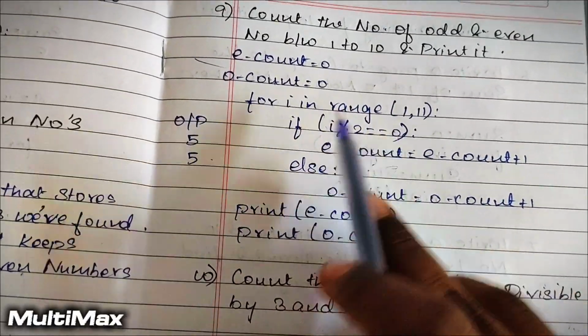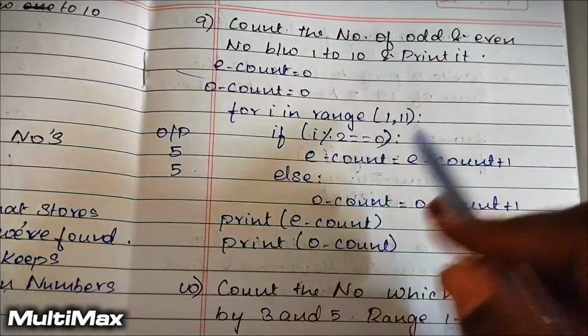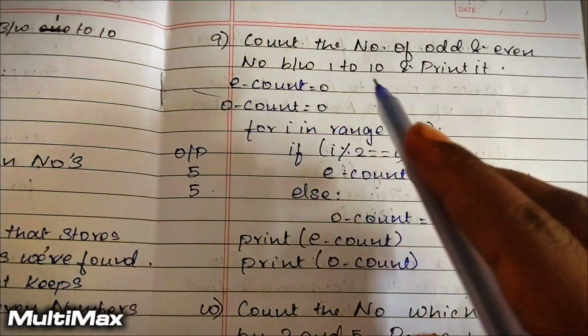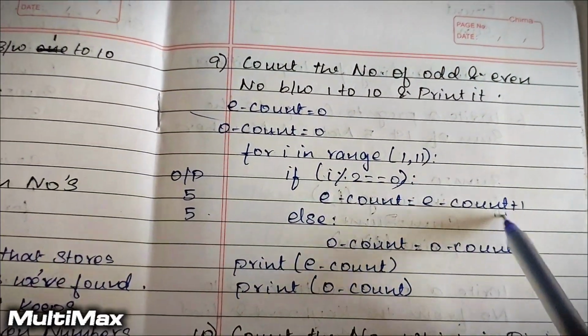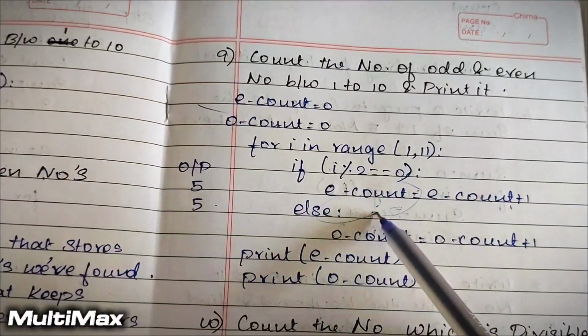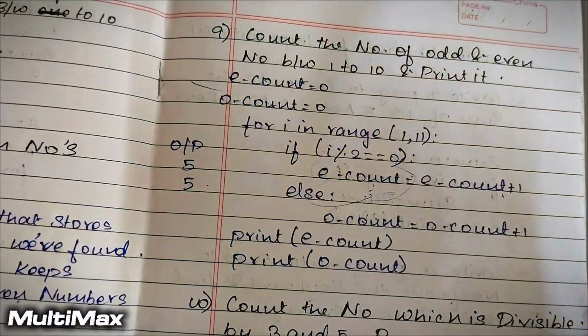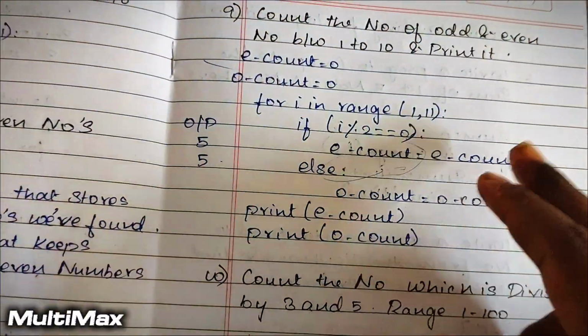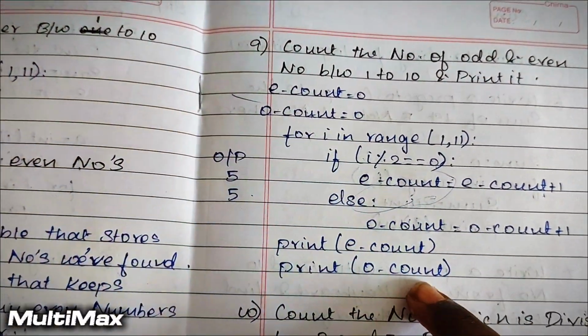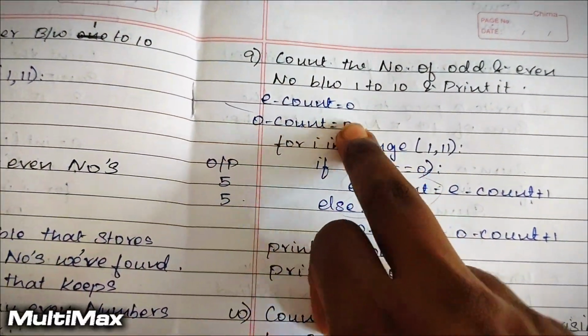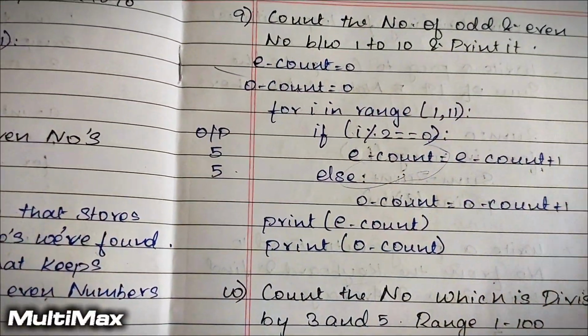For 2, the value of the counter is 0 plus 1, like that we will put, or else the O count will come. E count means even, O count means odd. How many evens and how many odds were present?